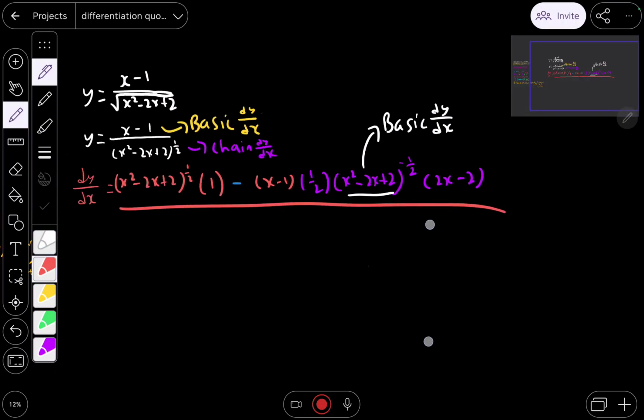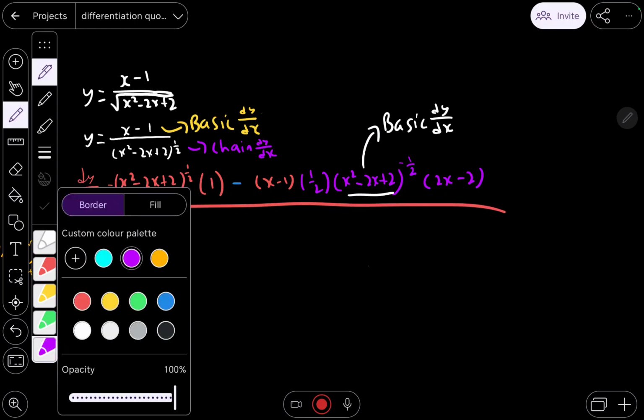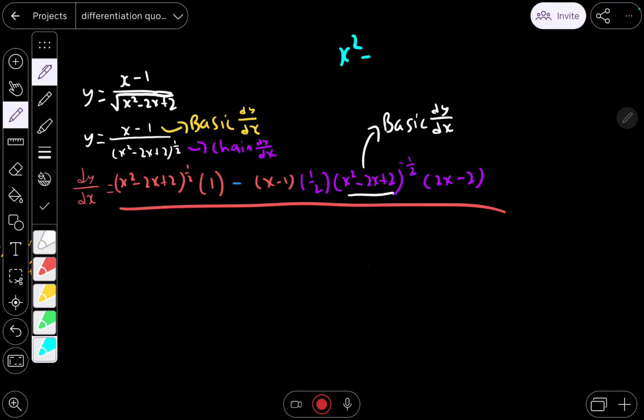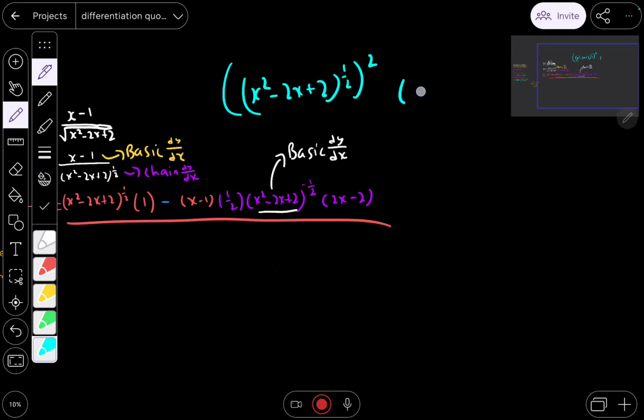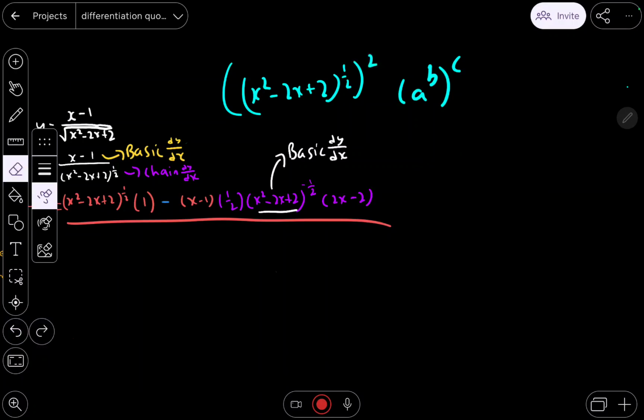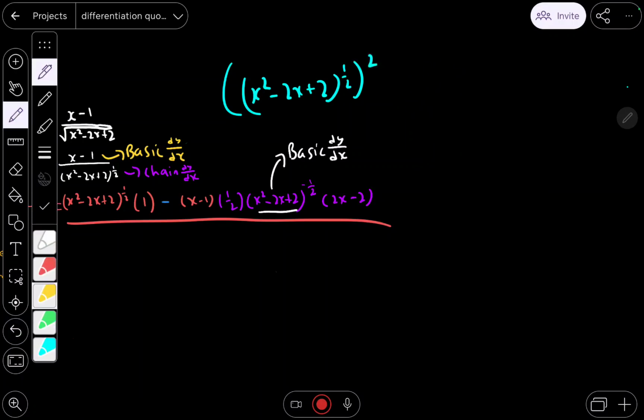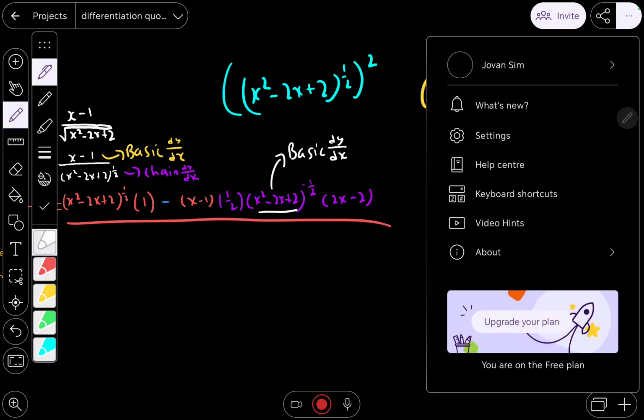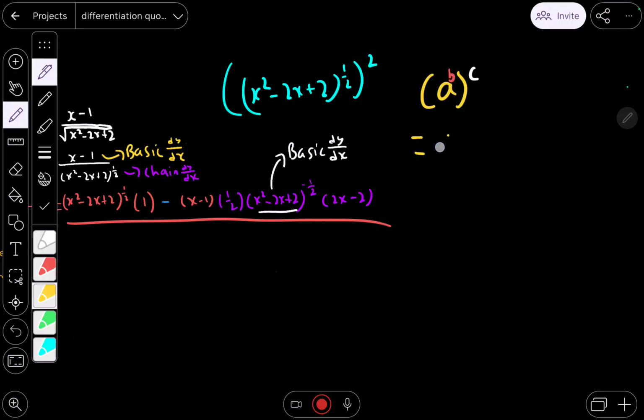So we know that x squared minus 2x plus 2, the whole thing to the power of half, and you square the whole thing. Remember your indices, half times 2. Let me write in a different color. (a^b)^c equals a^(b times c).